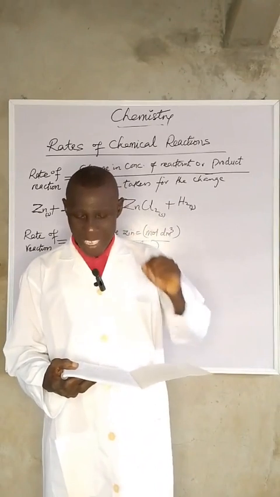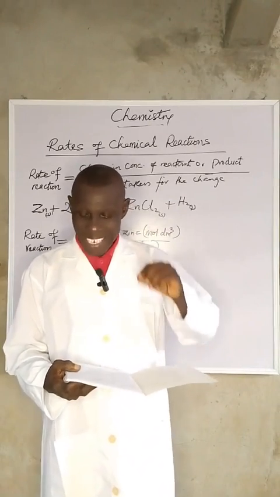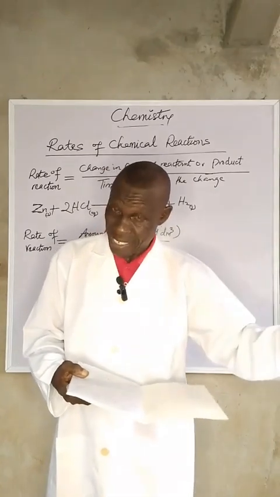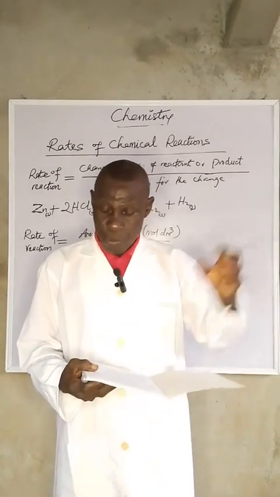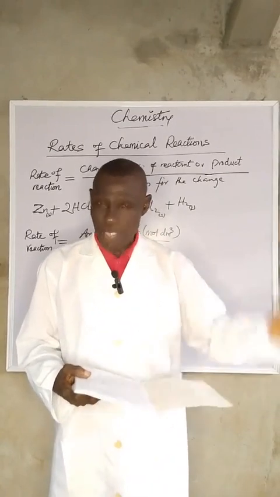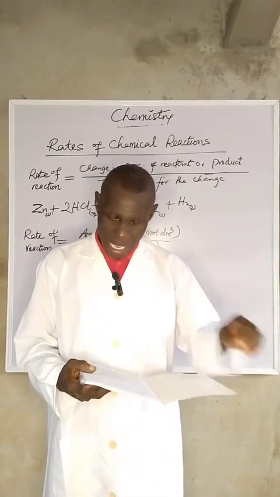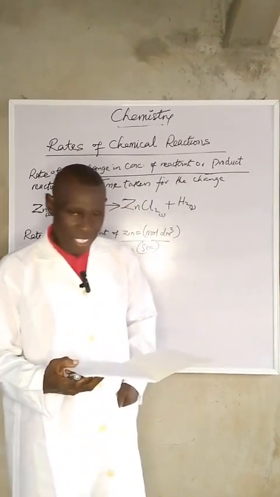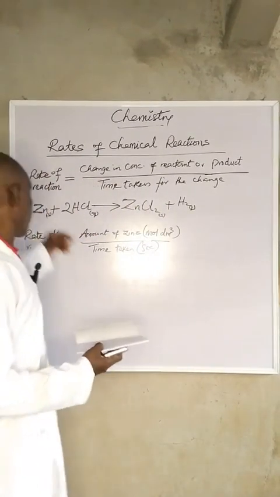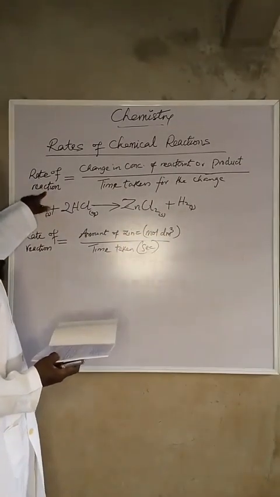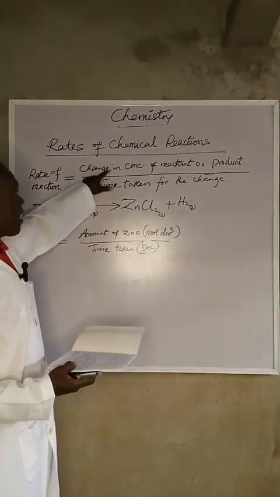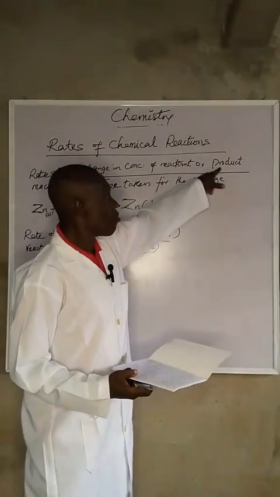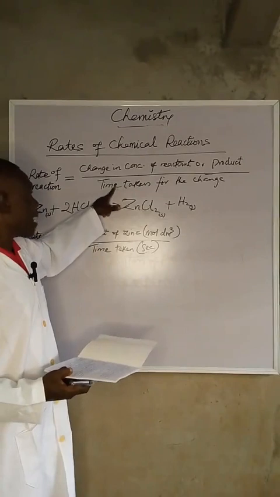The rate of a chemical reaction is the number of moles of reactant that are converted per unit time or the number of moles of products that are formed per unit time. Now, this can be expressed mathematically or in an equation form. See it here. Rate of reaction is equal to change in concentration of reactant or product all over time taken for the change.